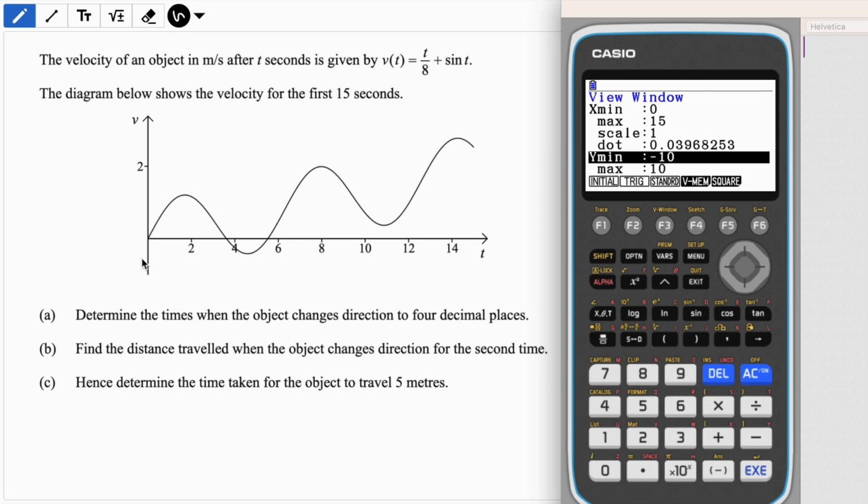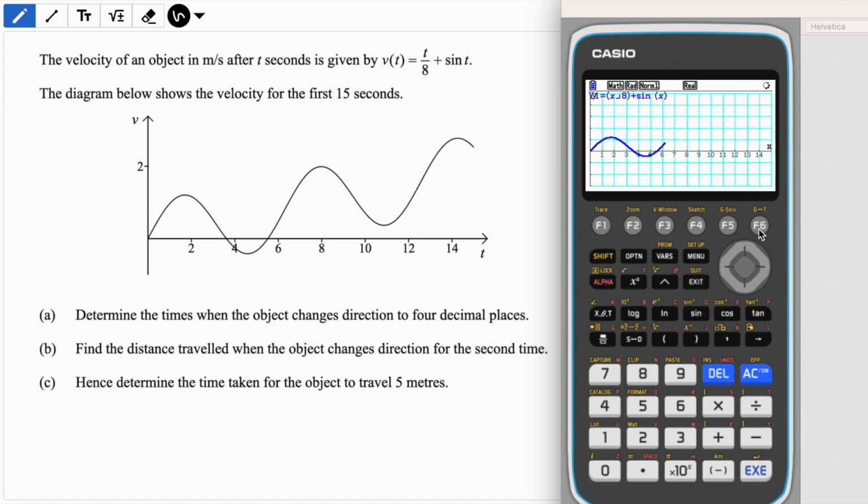There are not many values going down, but you can just enter -3 or 5. And highest, if you see, this is 2, so you can enter maybe 5 or 6. That will be enough. So let's go and see. Yes, it is a good looking graph now. So we have a very similar graph shown in the diagram.